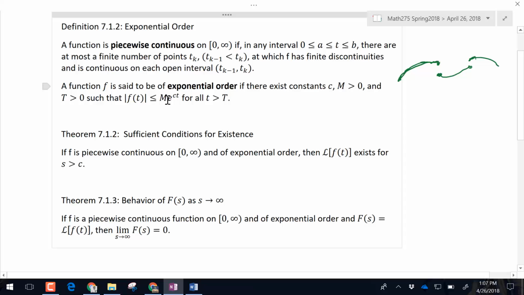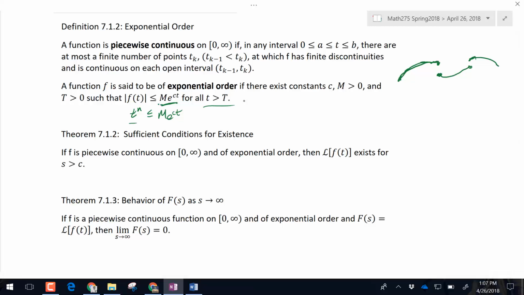This just says that there's going to be some exponential function that's going to bound your function. So your function is going to be less than that. And we know that if you have any big T, for all t values at some x value or t value, it's going to be true.